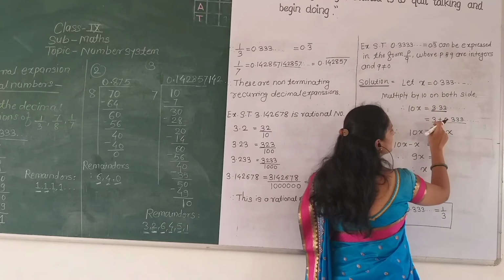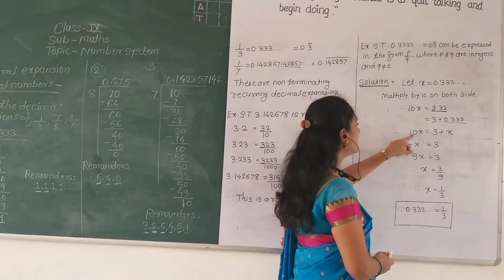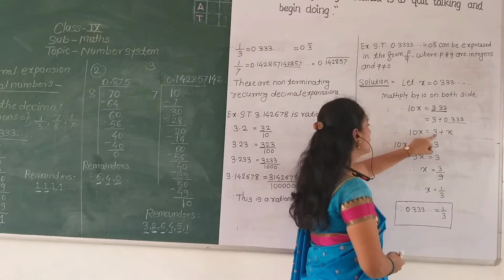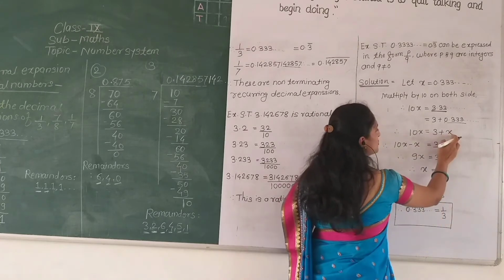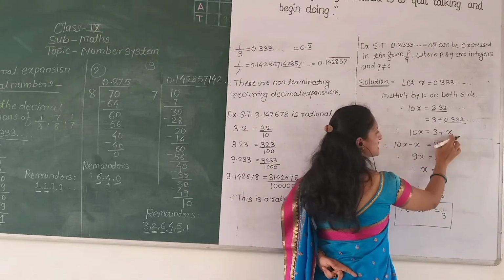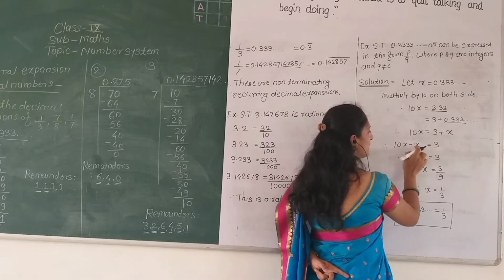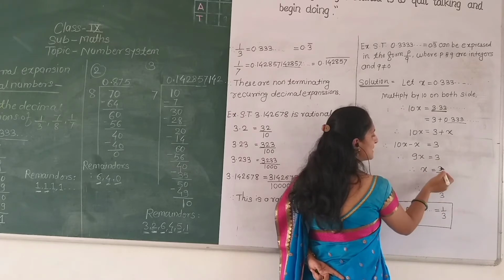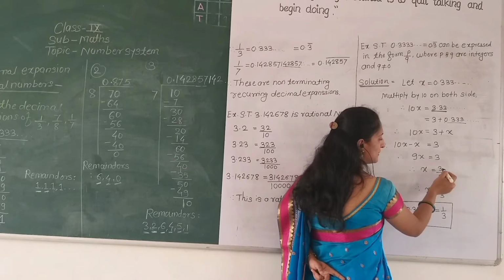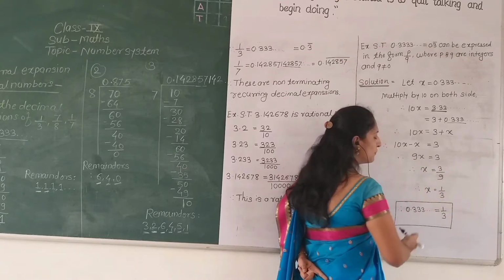So we get this term as 3 plus x. That means 10x is equal to 3 plus x. Right? Okay. Now if I change the place of x, here the x is positive, then it becomes negative. Then 10x minus x is 9x is equal to 3. So the value of x is 3 upon 9. Okay. If I divide numerator and denominator by 3, I get x is equal to 1 upon 3.